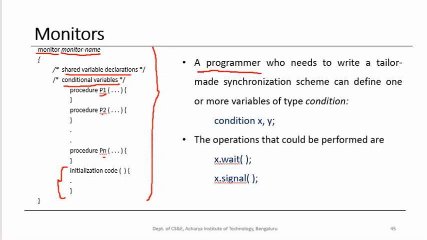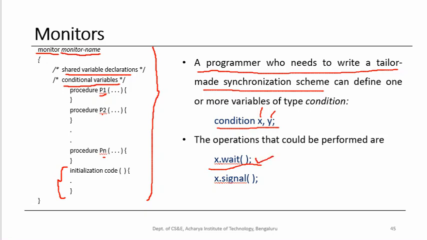A programmer who needs to write a tailor-made synchronization scheme can define several condition variables. Now, as the name indicates, X is a condition and Y is a condition. The processes can wait on these conditions. For example, if a process wants to wait on condition X, it can do so by executing this operation.